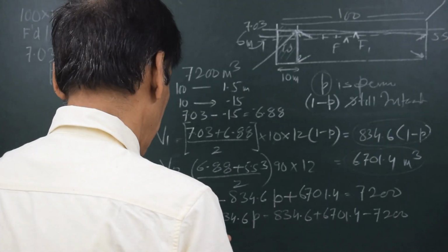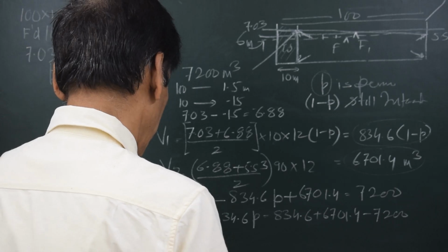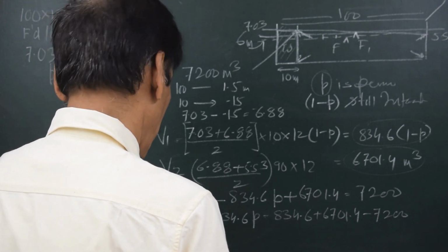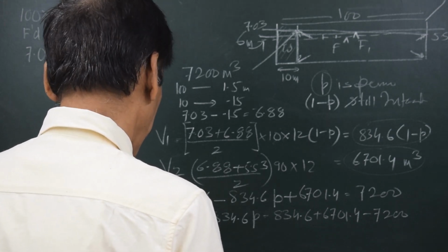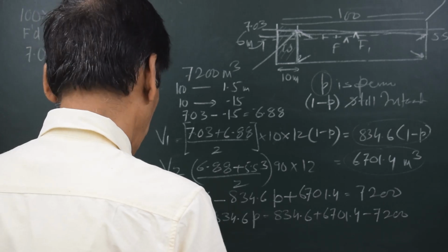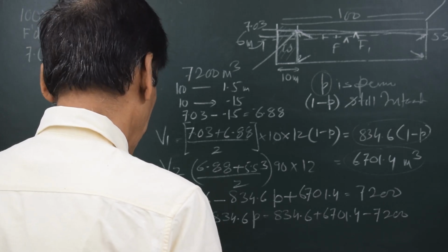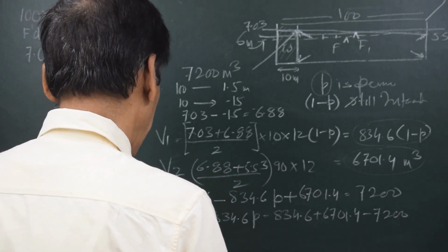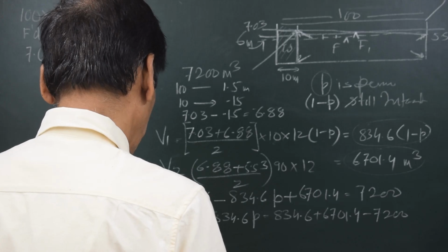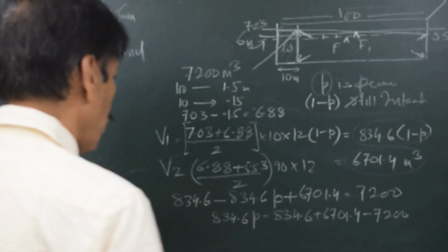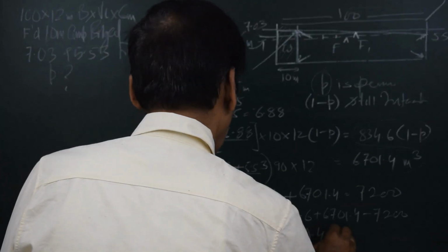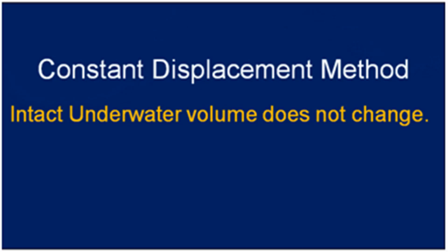So 6701.4 plus 834.6 minus 7,200 gives me 336, and 336 divided by 834.6 gives me 0.4025. So P I get as 0.4025. So P is a fraction. So the permeability is 40.25%.